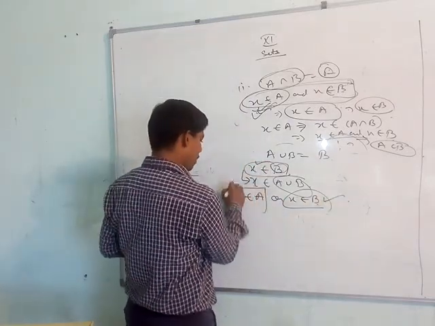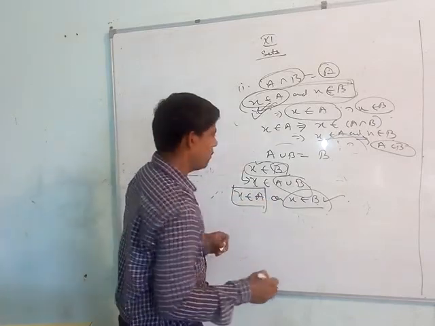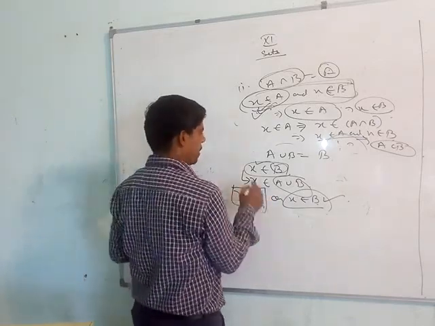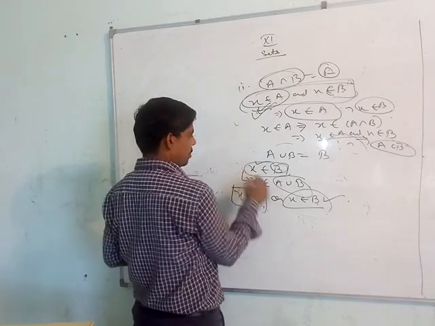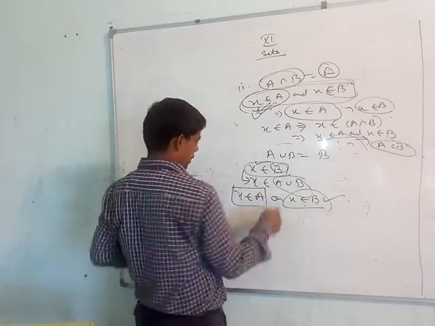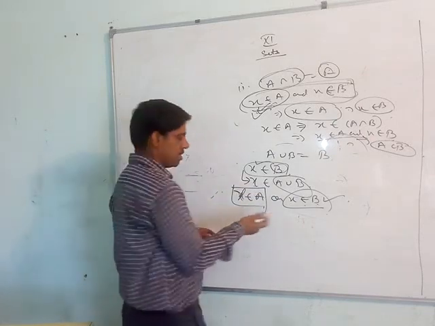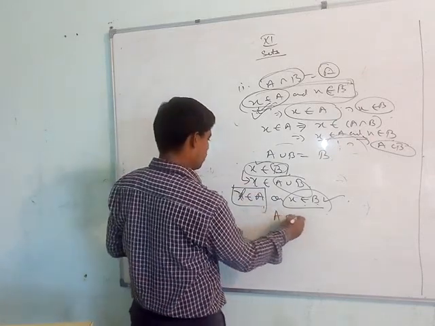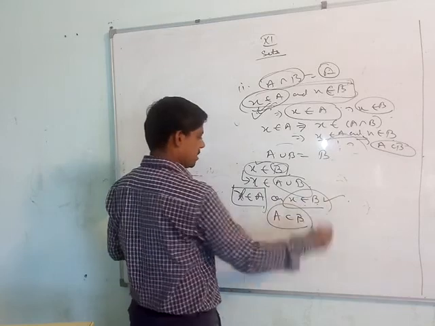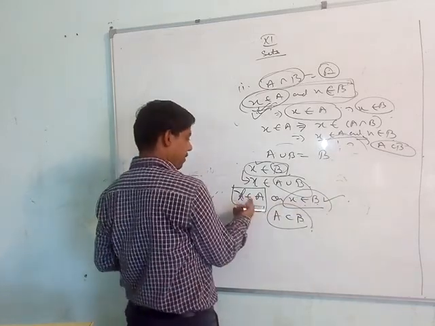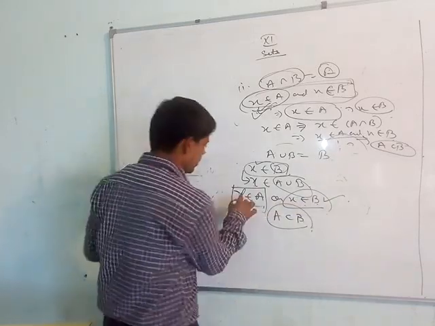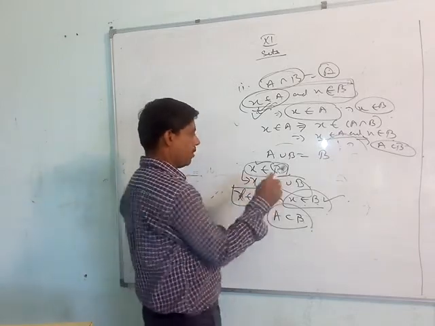Now x may belong to A or x may not belong to A, but it is sure that x belongs to B. Whether x belongs to A or not doesn't really matter. This is also going to give us A is subset of B. A may be empty here, or A may have some element which will be in B also.